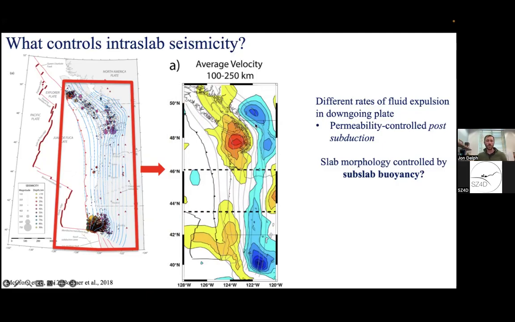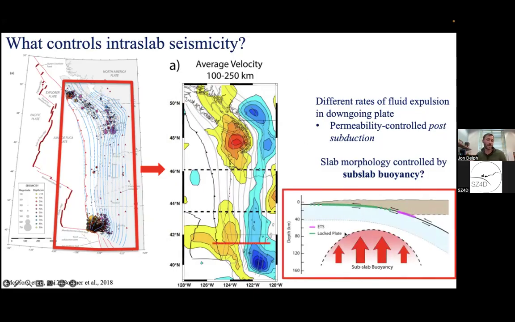So here's our subducting Juan de Fuca slab going off to the east. These are subslab low velocity zones that have been interpreted as buoyancy anomalies. What they would be doing is basically trying to rise up. They're going to hit that subducting slab, and then they're going to bend that slab surface to lead to the concave down curvature we see associated with these regions.